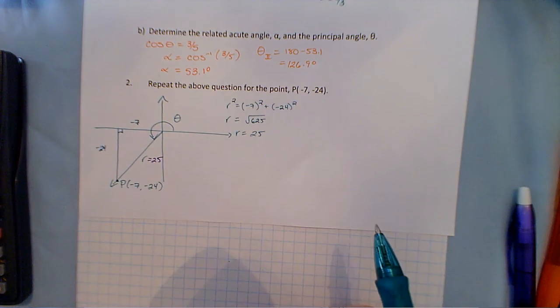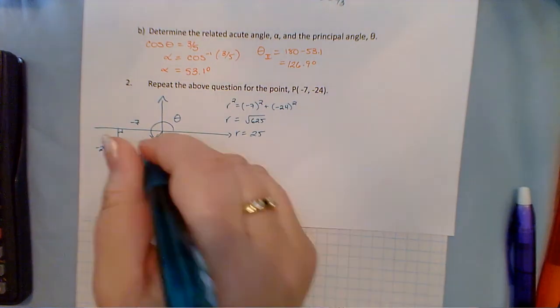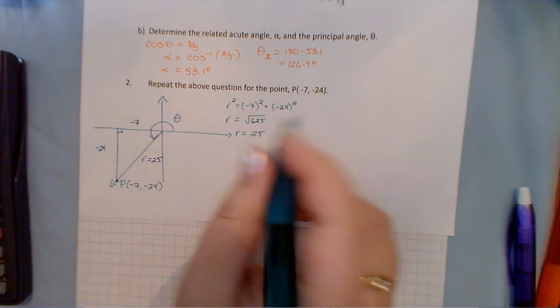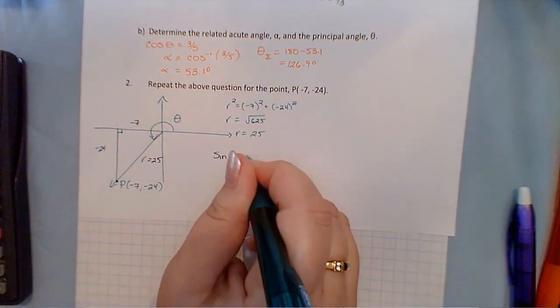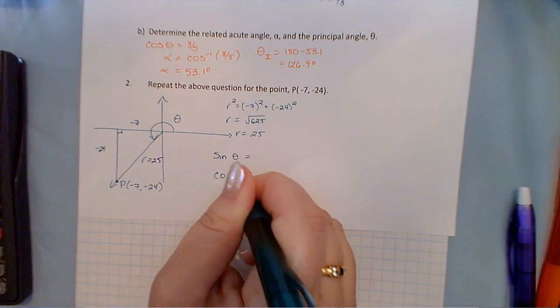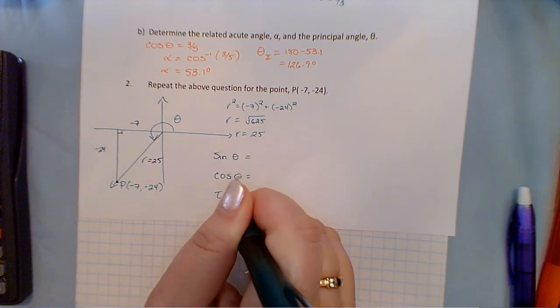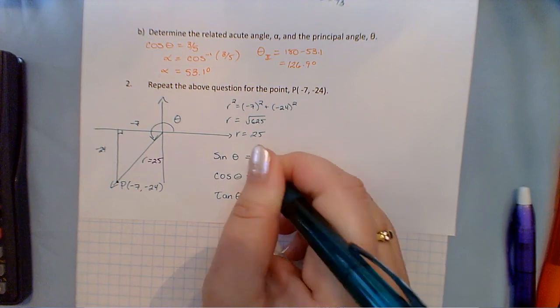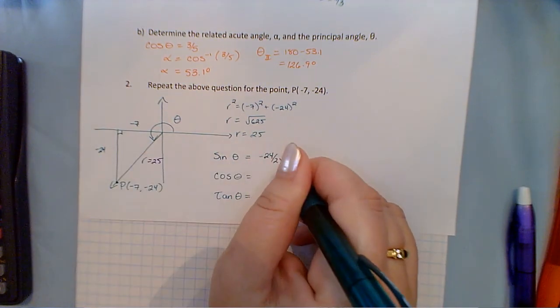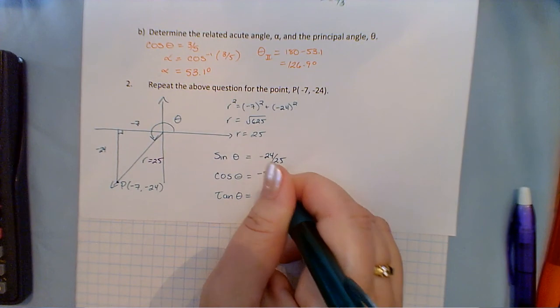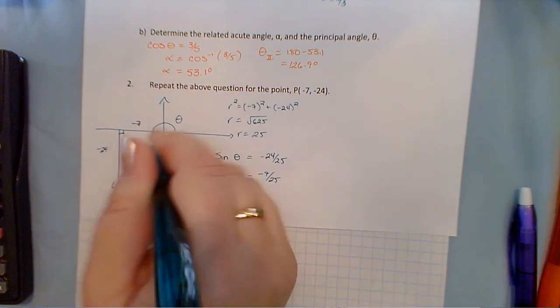That's already a perfect whole number. We now are going to write our ratios. So again, you can write your sine, your cos, and your tan. Sine should be negative, negative 24 over 25. Cos would be negative 7 over 25, but tan would be positive.